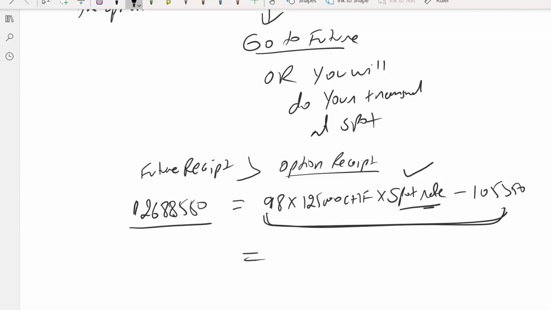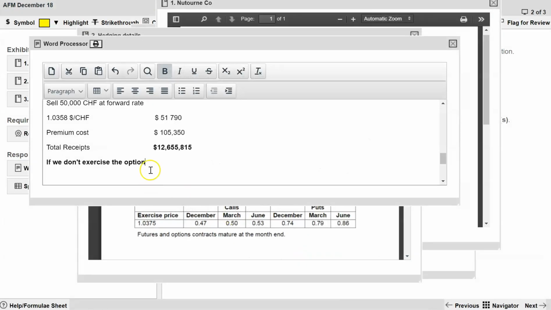This will be equal to 1.0444. Let's make this transaction there. We want to lapse our option.